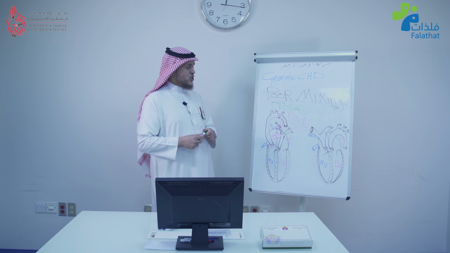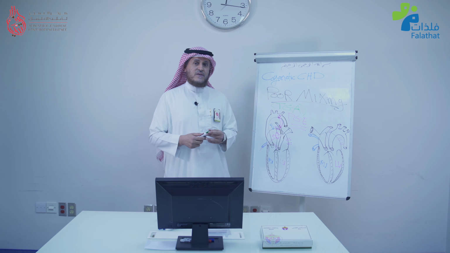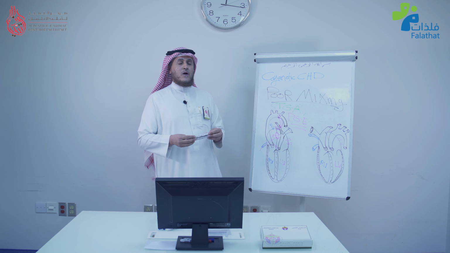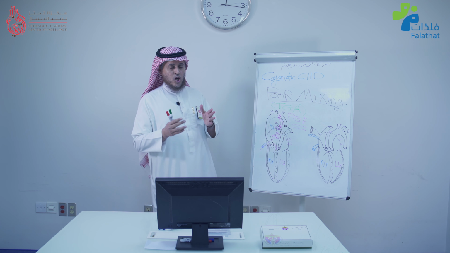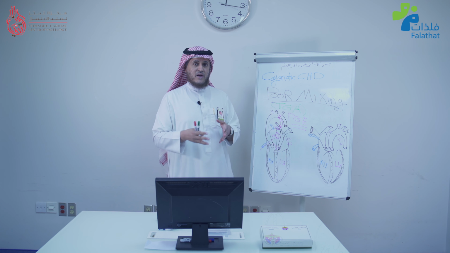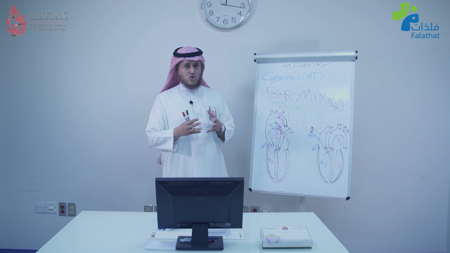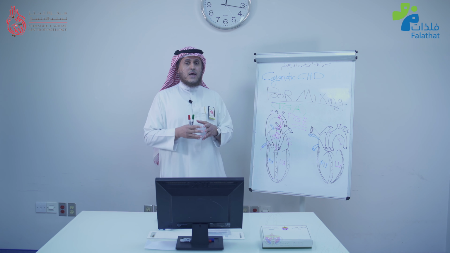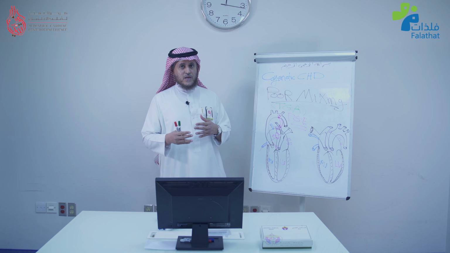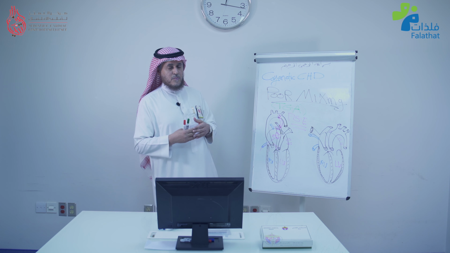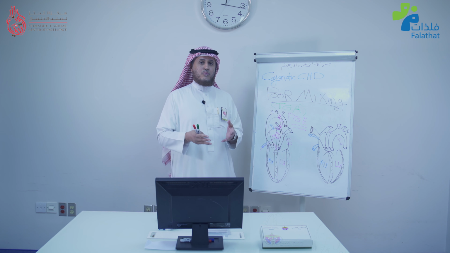The other one is the decreased pulmonary blood flow, and we have the example of tetralogy of Fallot, where we have the obligatory right to left shunt across the VSD to the aorta from the right ventricle, and that's totally deoxygenated blood going to the aorta, causing significant cyanosis. That cyanosis may be increased or decreased depending on the other anatomical factor, which is the presence of subpulmonary stenosis and pulmonary stenosis.